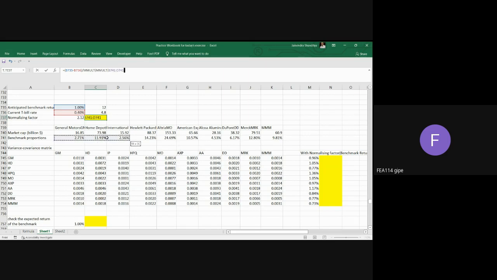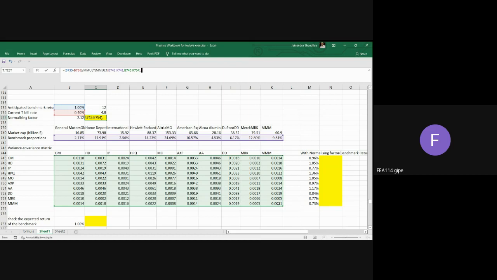So the first matrix will be this row matrix of the benchmark proportion. So I have written this. Okay, and then I multiply this with this variance covariance. So I select the variance covariance, and I've closed the bracket. Okay, and then with this, I want to multiply the transpose. The first one is 1 into 10.